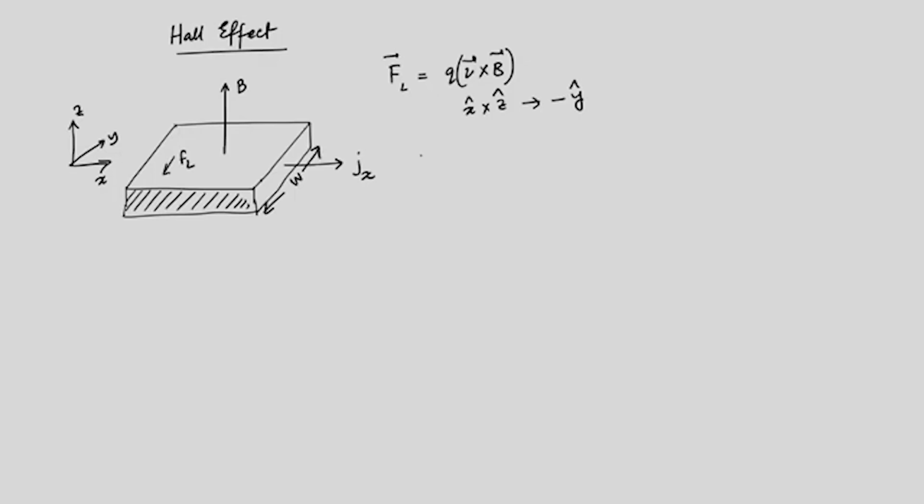The Lorentz force is written in a form more convenient to us as J cross B, where I should write J as a vector, not a unit vector. J is in the x direction, B is in the z direction, and so this Lorentz force will act in the minus y direction.